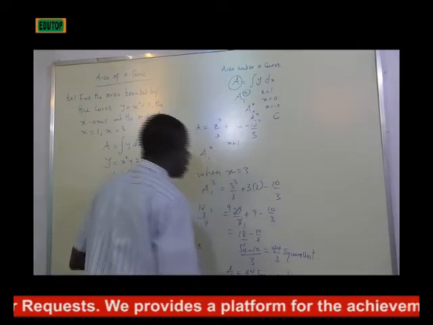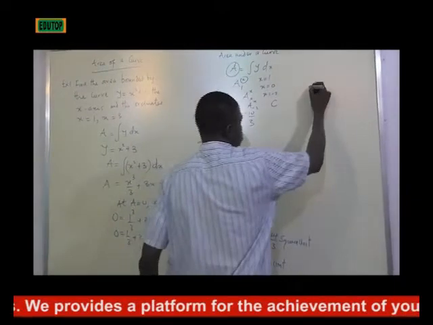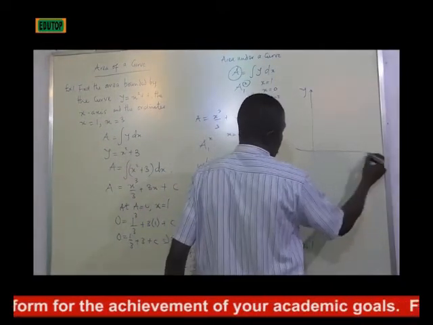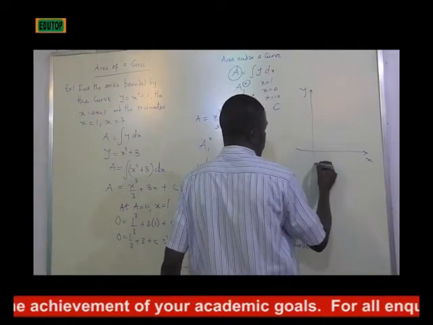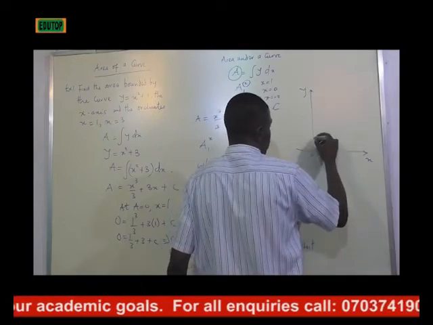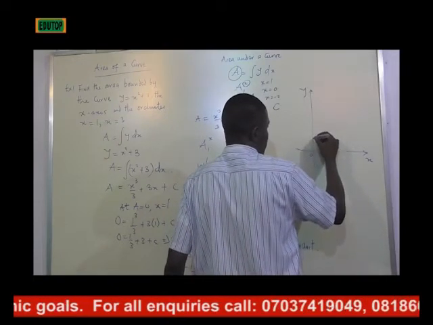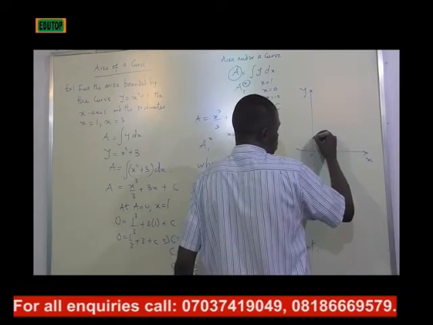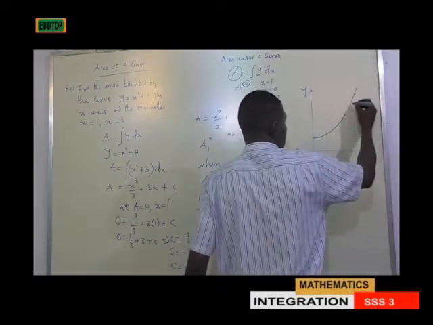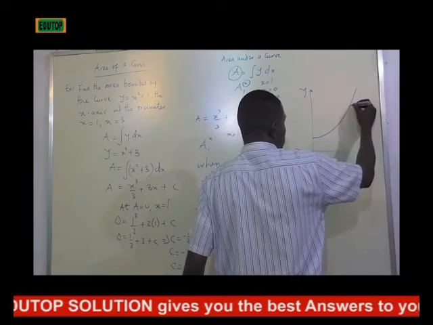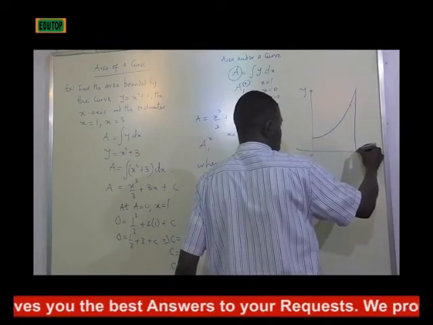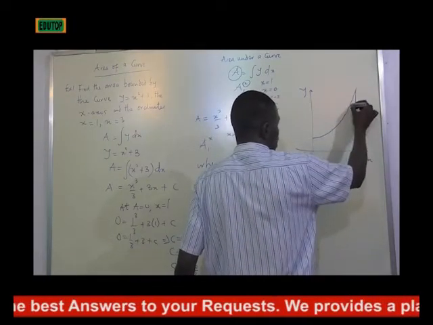Then if you are to determine the area under that curve, you have your y-axis, you have your x-axis, then you have, let's say this is your 0 origin, then you have a curve like this, touching the vertical axis, which is your y-axis, going up this way. Then at a point here you have area, because the maximum is 3. Let's say your 3 is here.